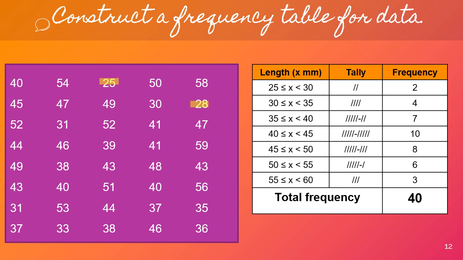For example, in 55 to 60, we have 58, 59, and 56. Okay, so we have 3.